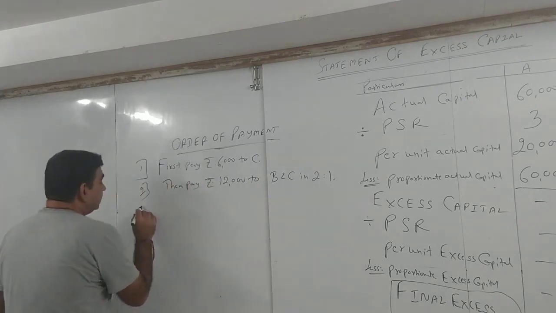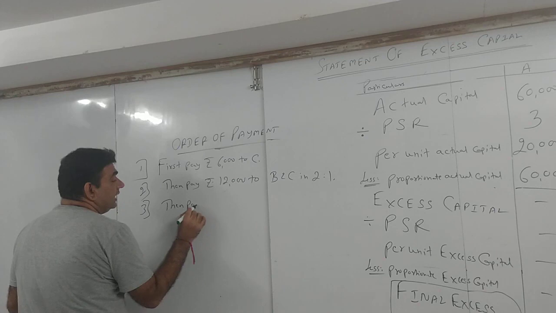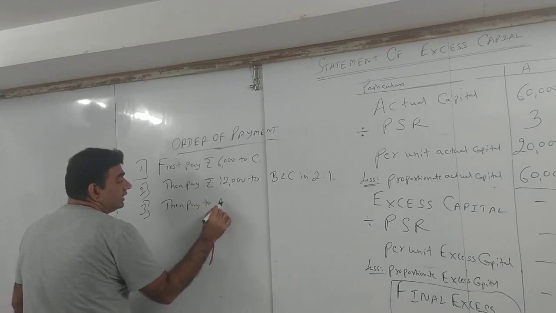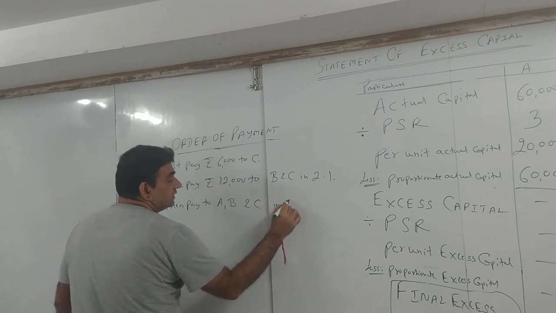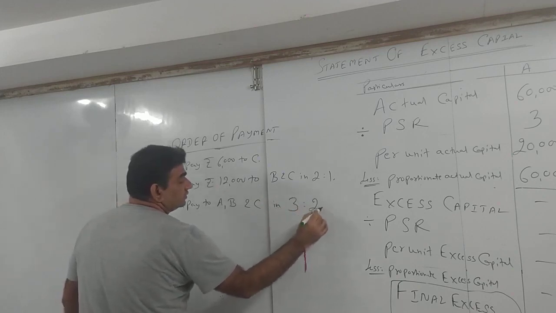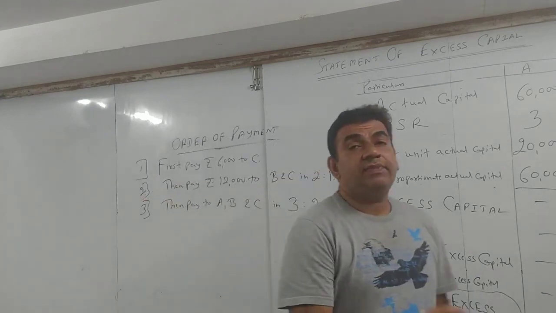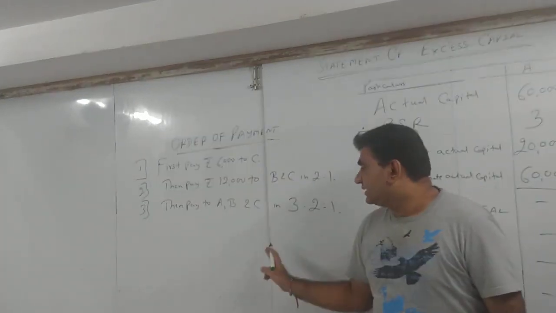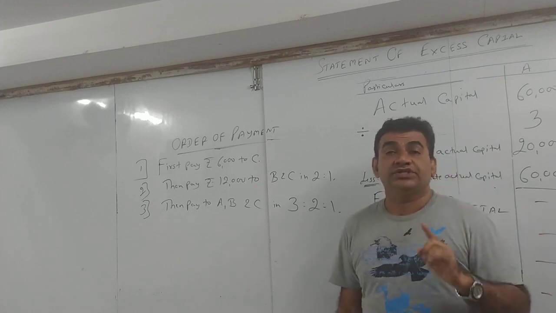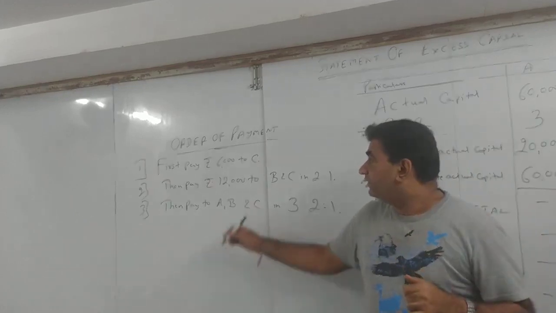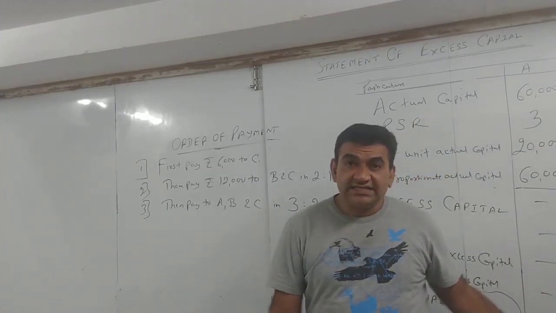So your order number 3 will be: pay to A, B and C in the ratio 3:2:1. I repeat, first order pay to C 6,000, that is your final excess.